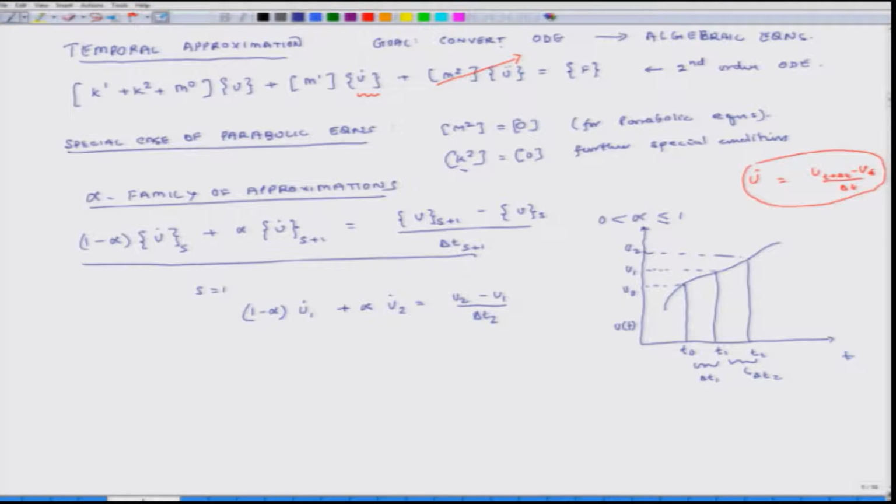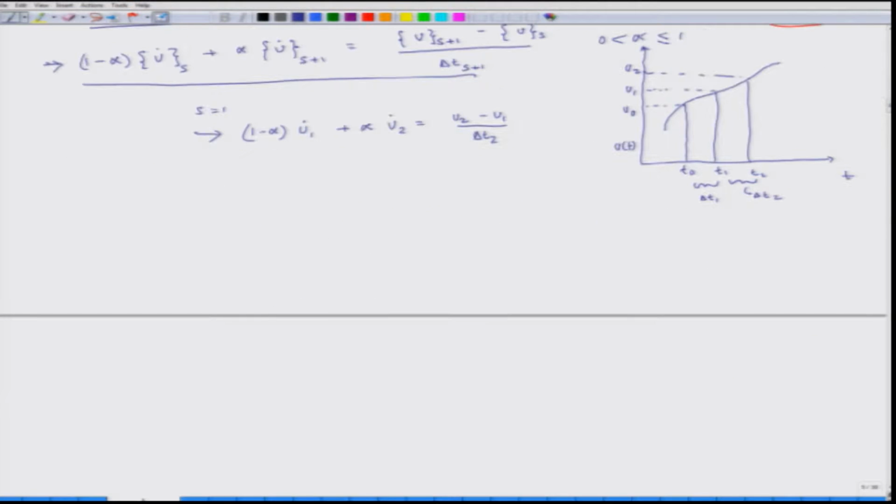So, this is what it means: when the step number is 1, the relation I wrote earlier boils down to this relation. Now, let us see what this means further. We will make a small table.